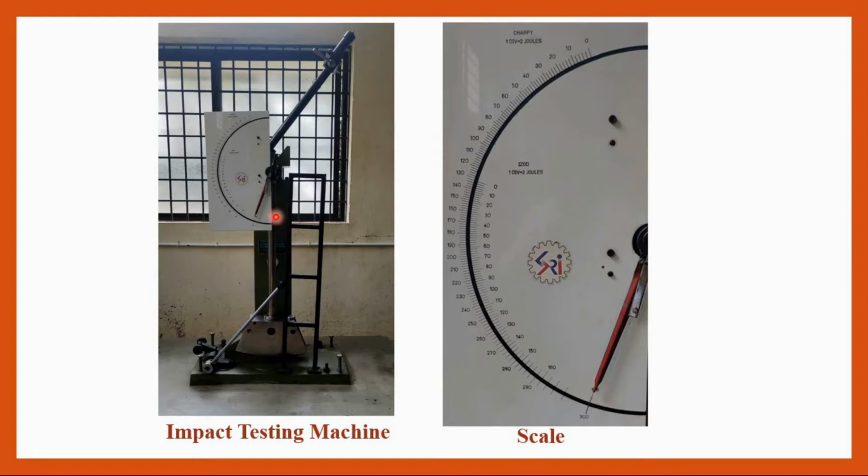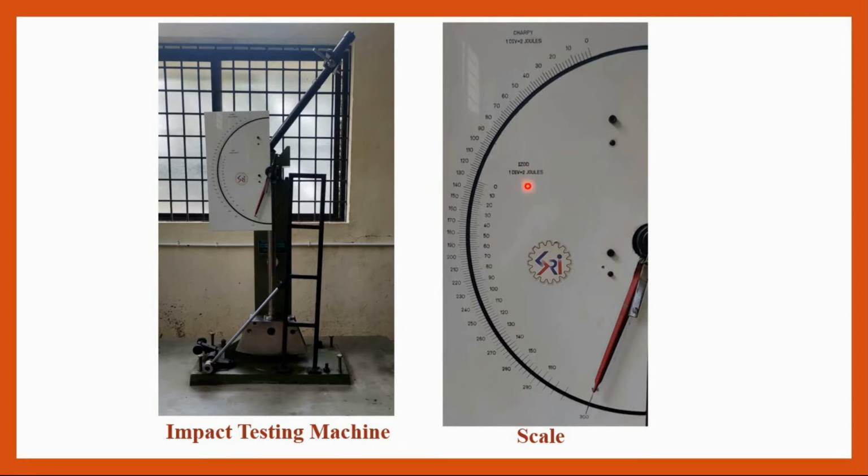So, if the hammer is placed in this position of the pendulum, the pendulum will be at an angle of 141.8 degrees. If we place the hammer in that position, the potential energy stored in that hammer is 300 joules. That will be the maximum energy stored in the hammer.